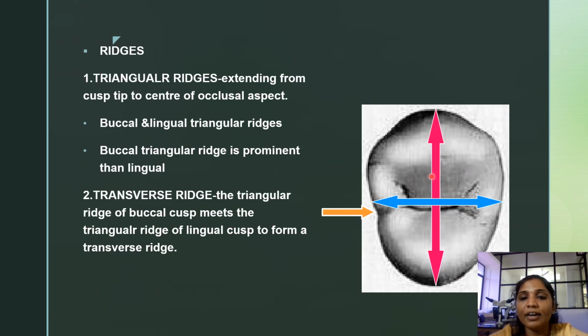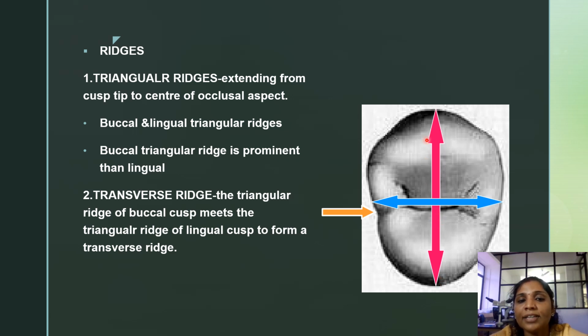Ridges. There are certain ridges present in the occlusal aspect of this particular tooth. One is triangular ridge. Triangular ridges are ridges extending from the cusp tip to the center of occlusal aspect. Here these are the triangular ridges, and there are two types of triangular ridges, that is buccal and lingual.